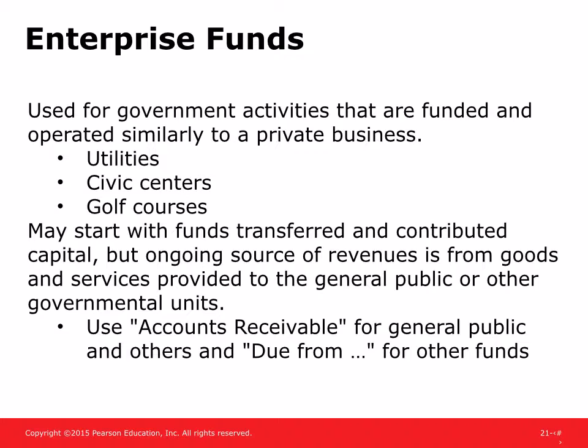Again, these entities could be started with contributed capital or transfers from some other fund, but once they're up and running, generally they will be self-supporting and oftentimes produce enough revenue that they are kind of helping to subsidize some of the other parts of the city operation.